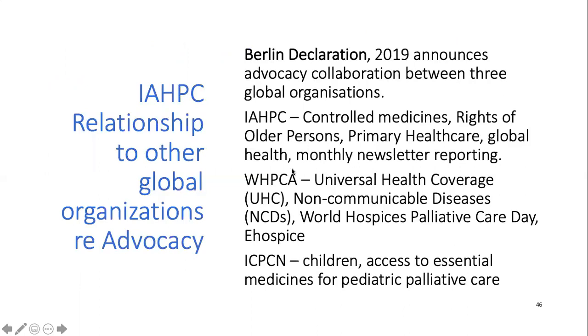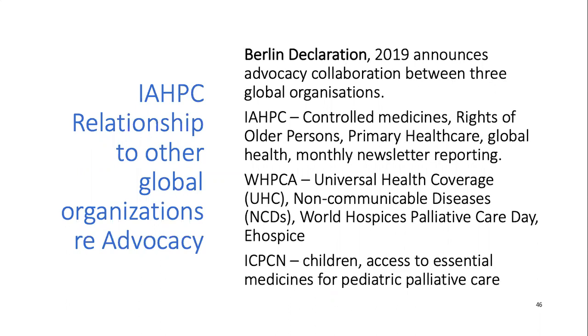Just winding up here, I'm going to talk about the IAHPC relationship to other global organizations that do advocacy for palliative care. In 2019, we approved the Berlin Declaration, which announces advocacy collaborations between the three global organizations, IAHPC, WHPCA, the Worldwide Hospice Palliative Care Alliance, and ICPCN, the Children's Palliative Care Network.